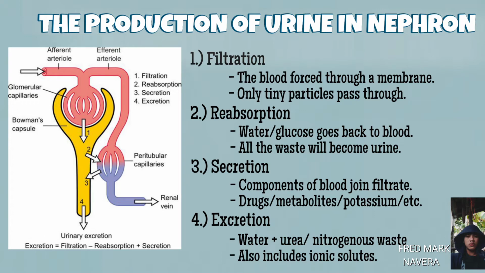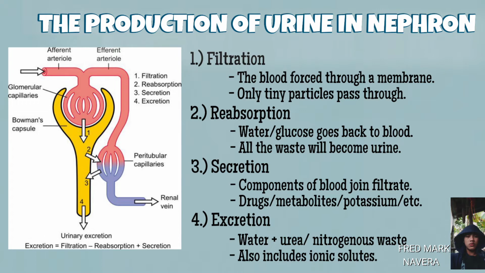This filtration membrane allows only the water and yung mga small solutes to pass through, okay? But not the proteins or anything that is larger, especially yung entire cells, because masyado na silang malaki to pass through.